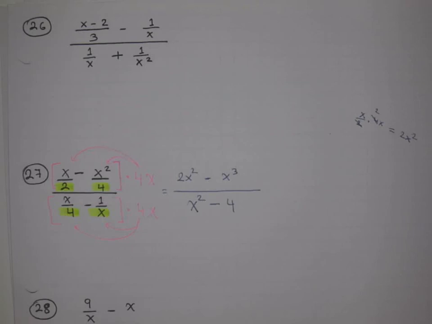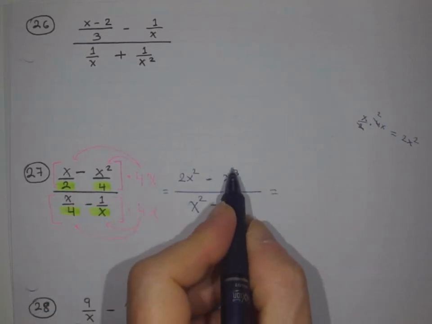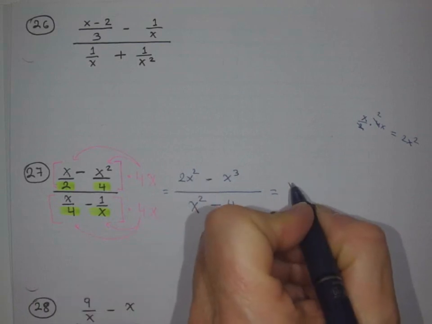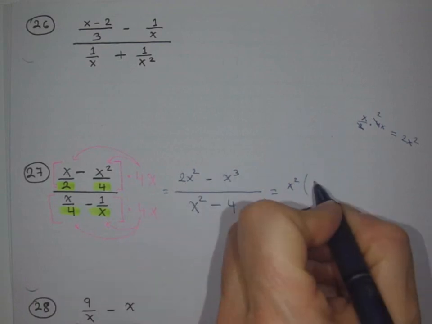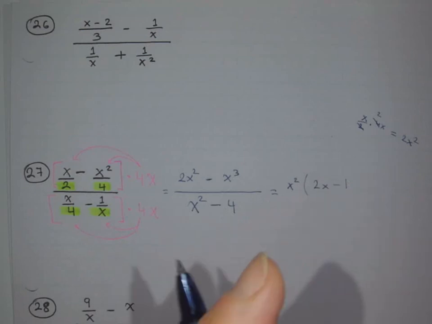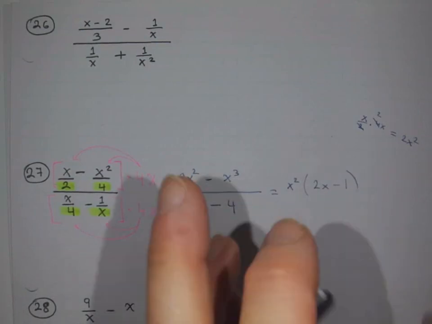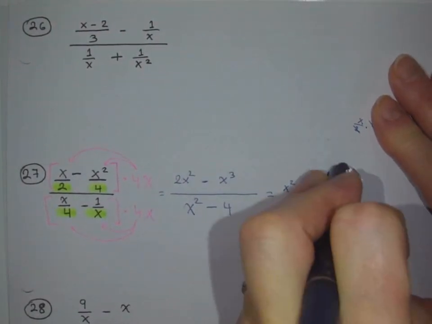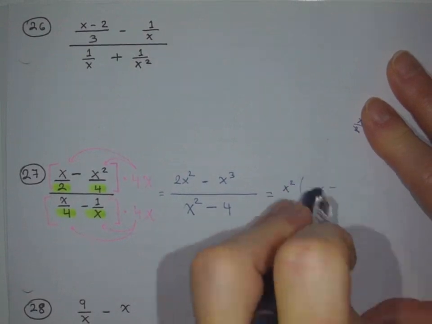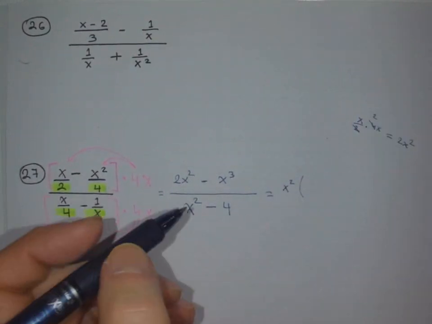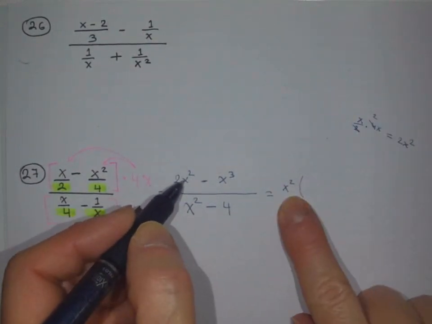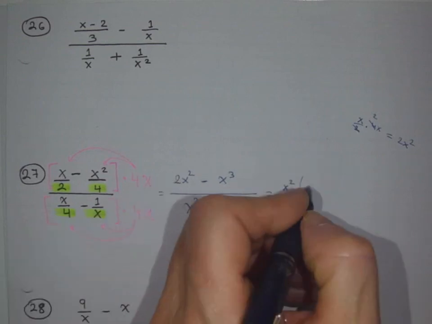What can I take? Let's try. So could I take out an x squared out here? That will give me 2x minus 1, right? No, sorry, not minus 1. Mistake. 2x squared divided by x squared, the x squared will cancel, so I will have a 2 here.